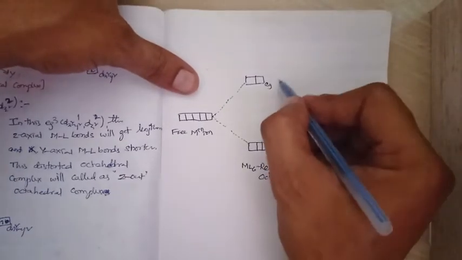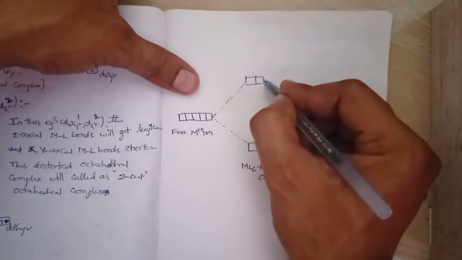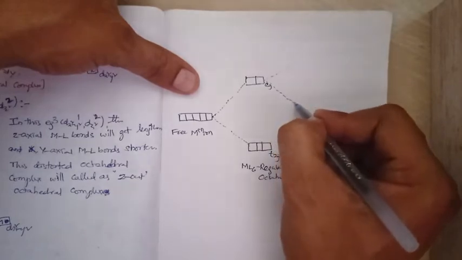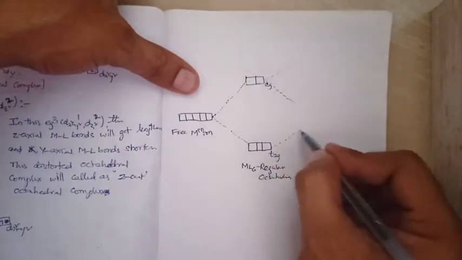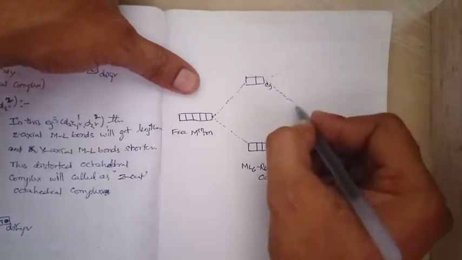Where this regular octahedral becomes a distorted octahedral, the Eg state and T2g states are never stable. They undergo further splitting.